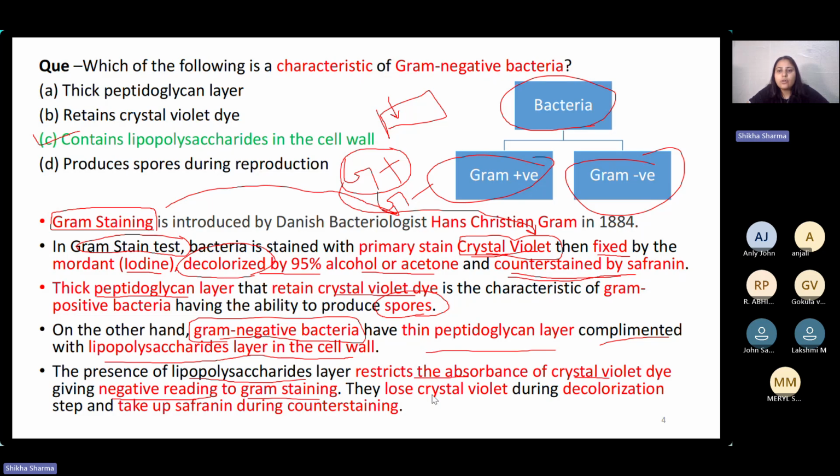So the crystal violet color, which is the primary stain, will not be retained by these kinds of bacteria. They lose the crystal violet color during the decolorization process and take up the safranin color during the counter staining or the second staining process.